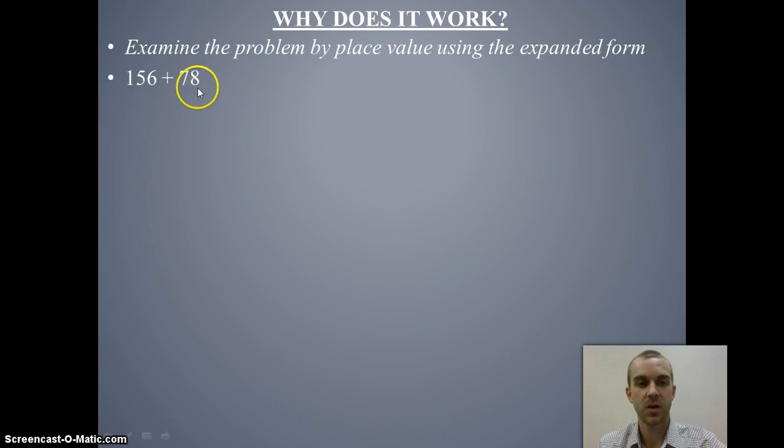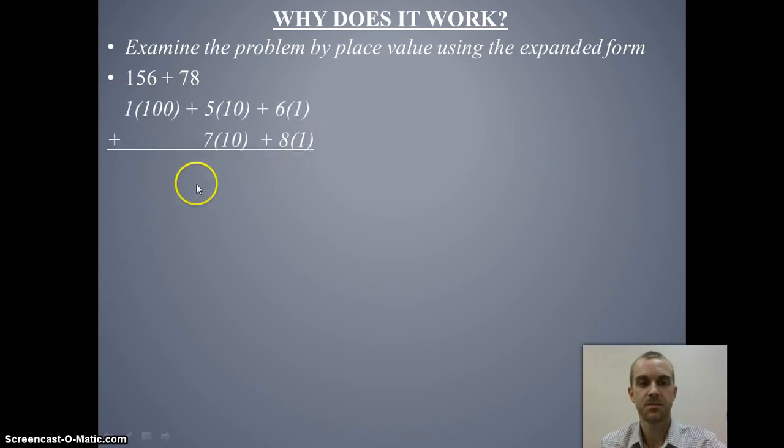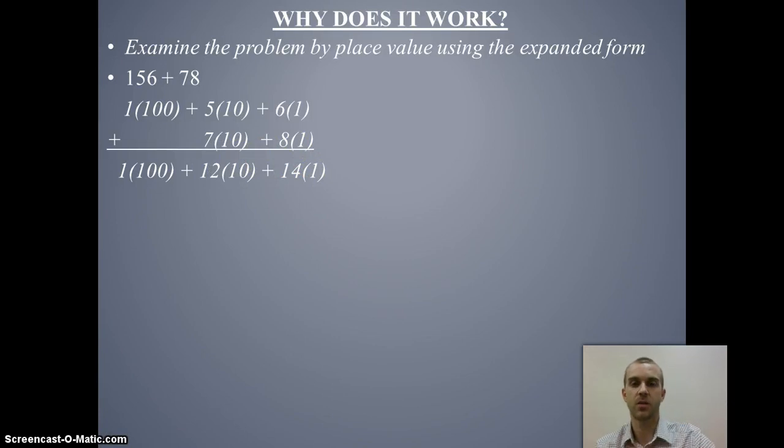So I'm going to expand both of these numbers. And now I can add up each of the place values. So I get 1 hundred, 12 tens, and 14 ones. Now, I know that when I have 10 of any of the place values, I can combine them to make the greater place value.